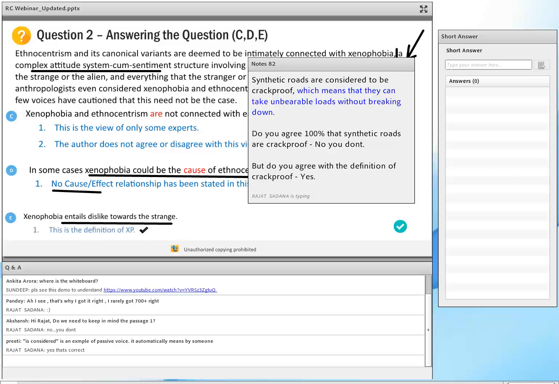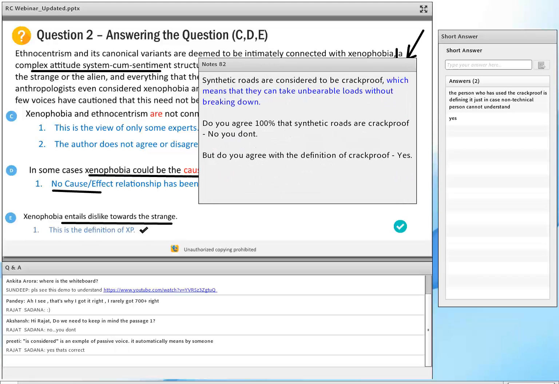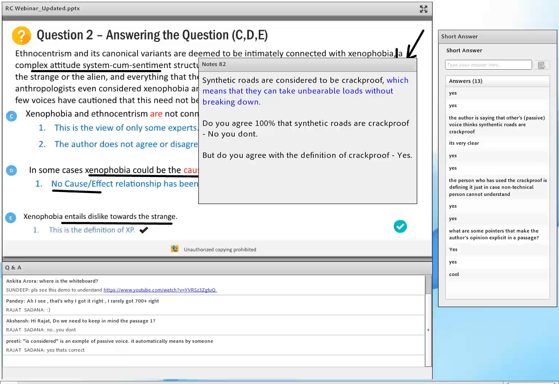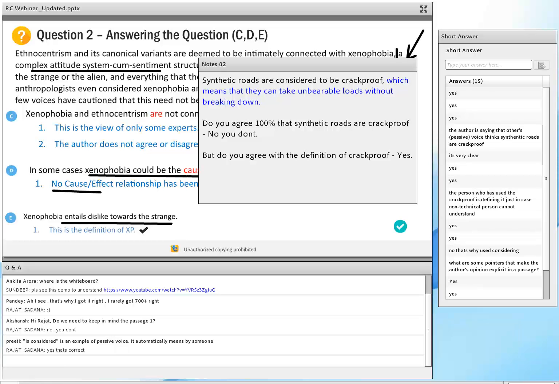Do you see the distinction here? Yes. That's exactly, Preeti. You're absolutely correct. And this is the beauty of sentence structures, guys.